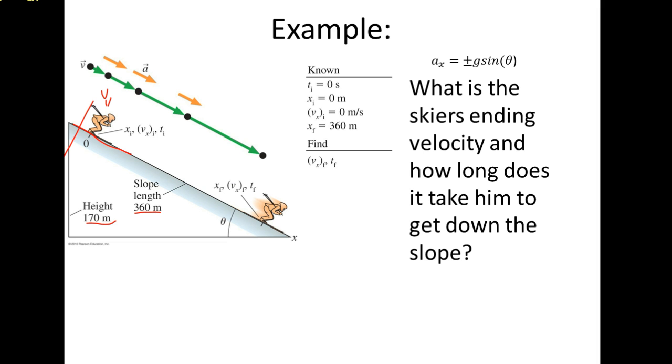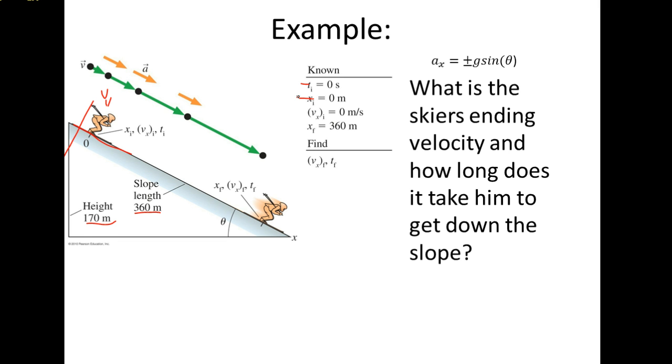Okay, so I'm going to go ahead and draw my picture of the situation, which is great, and I'm going to write down all of my knowns. I'm going to say that the initial time is 0 seconds, and he's starting from 0 meters at the top of that hill.